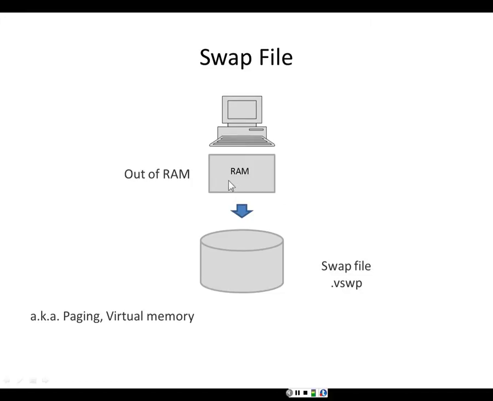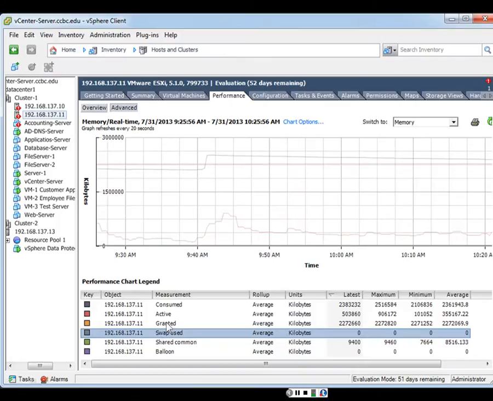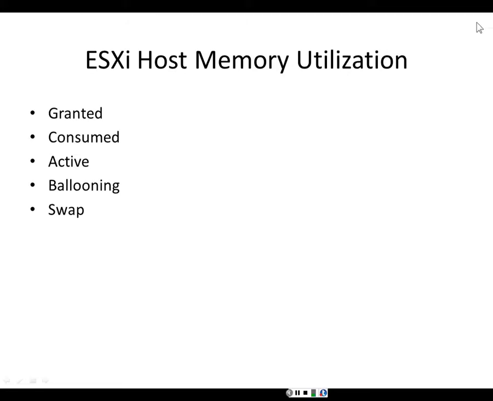And if you don't run out of RAM, swapping never comes into it. Now Windows has this. You probably heard about this in Windows Server. In Windows, this is also known as paging, and Windows calls it virtual memory, but VMware just calls it a swap file. So if swap file activity is high, that means we're in a danger threshold, and that means we're short on RAM.